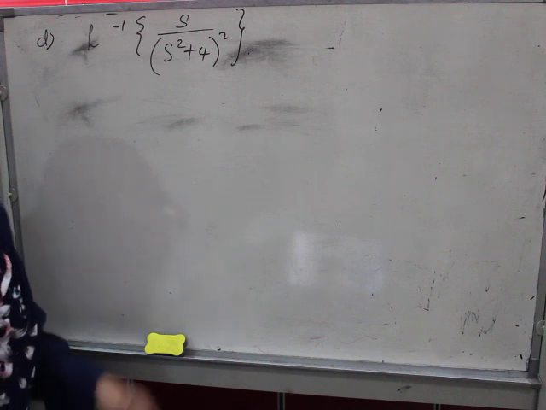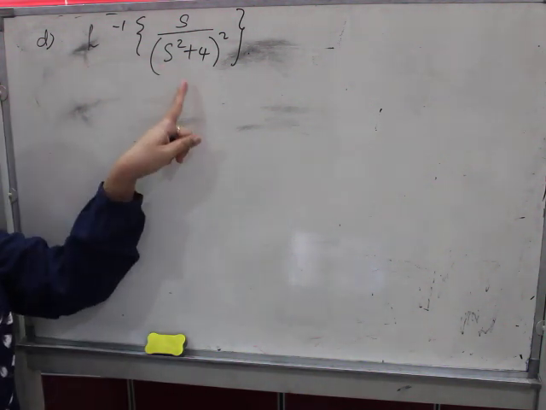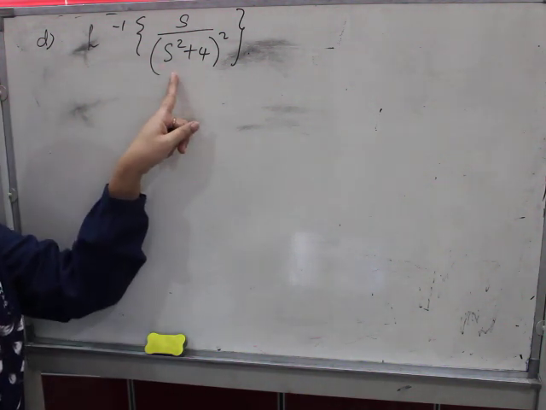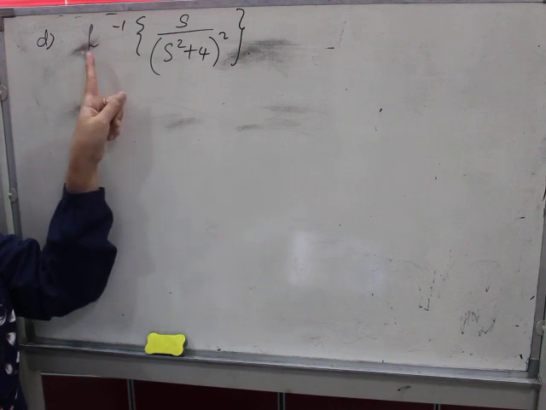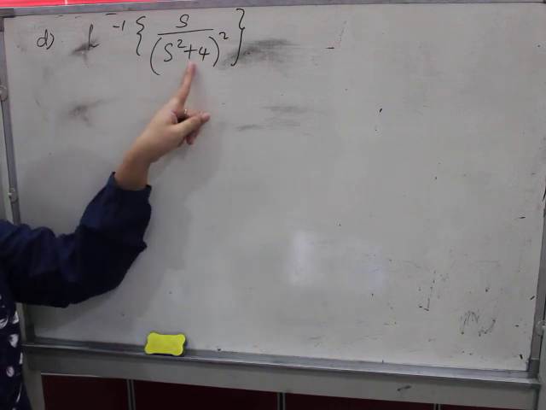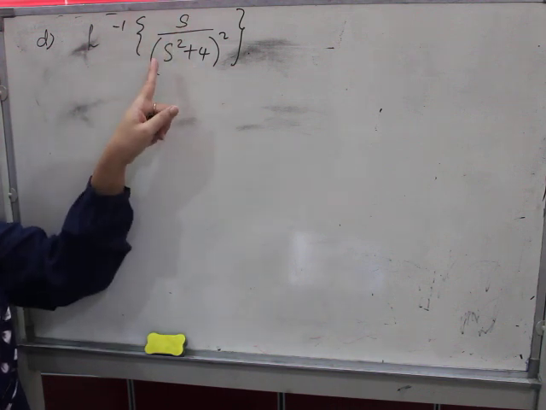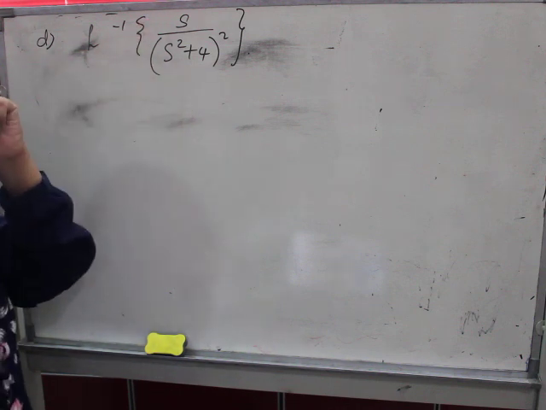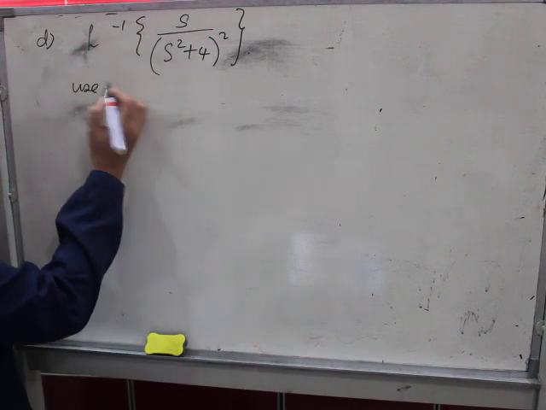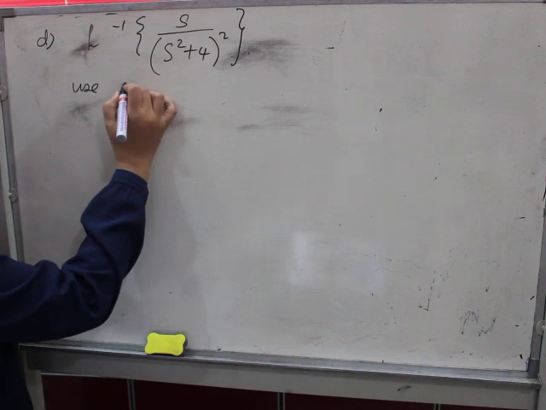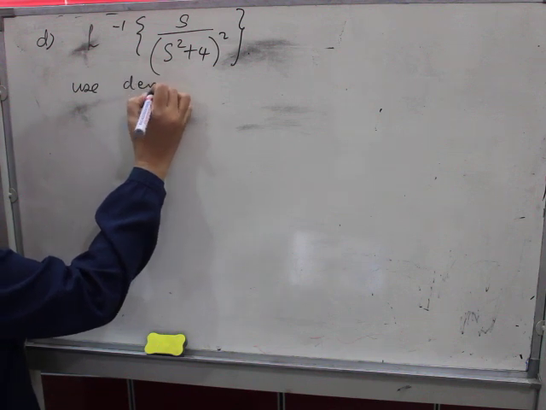Okay, this kind of question, if the question asks for property, use the property to find the inverse of this kind of function. So what we do is use the derivative property.